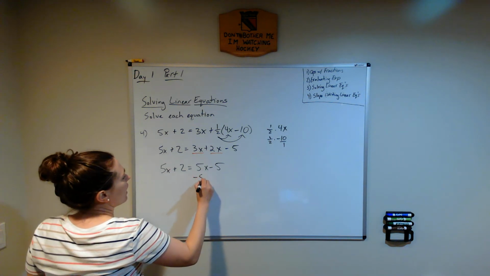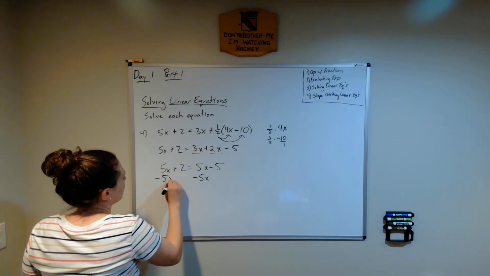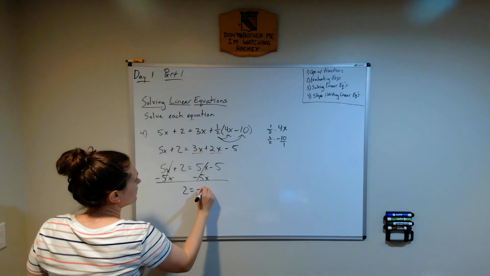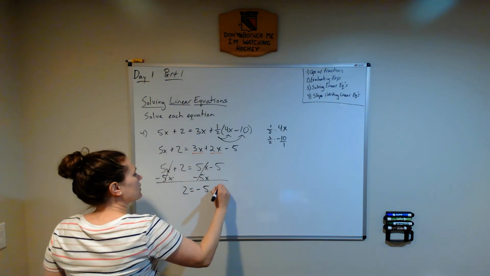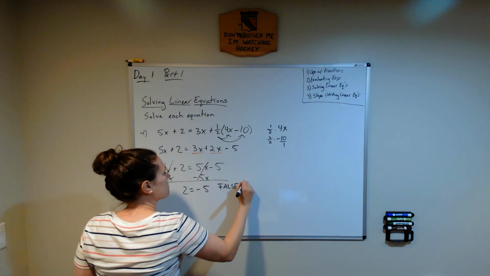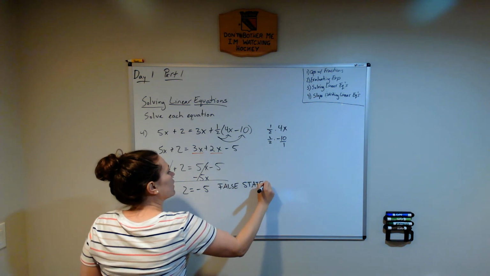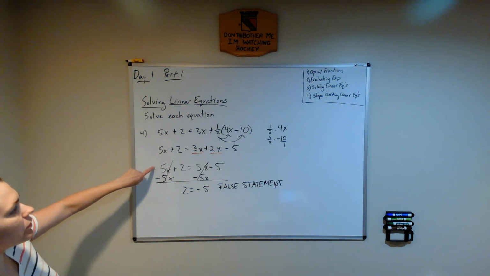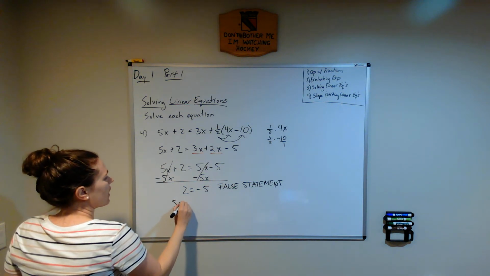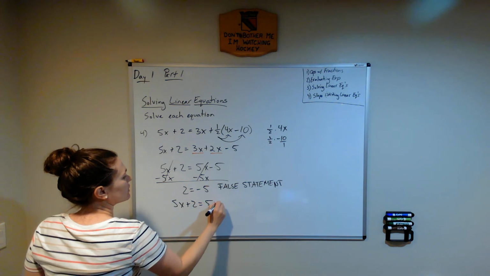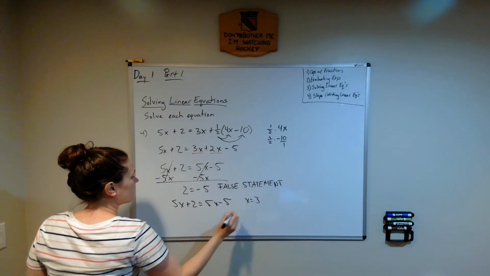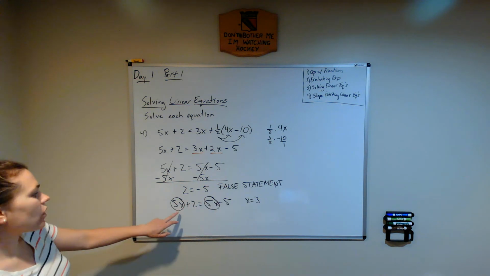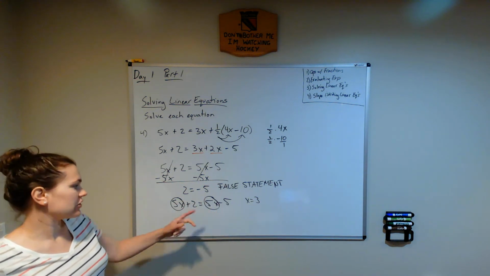We subtract 5x, and our x's cancel, and we're just left with 2 equals negative 5. This is a false statement. This is not true. The reason we're getting 2 equals negative 5 is because no matter what you plug in for x, if this is 5x plus 2 equals 5x minus 5, if you let x equal 3, these two terms will always equal the same thing because they're the exact same terms.